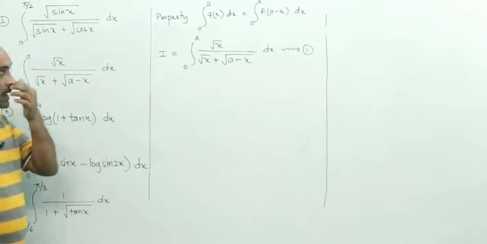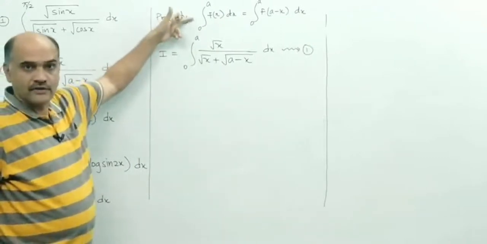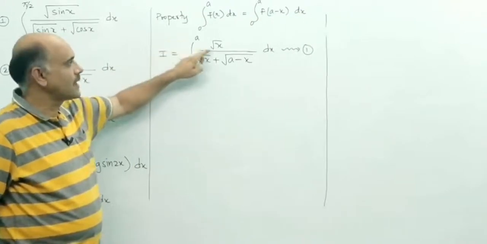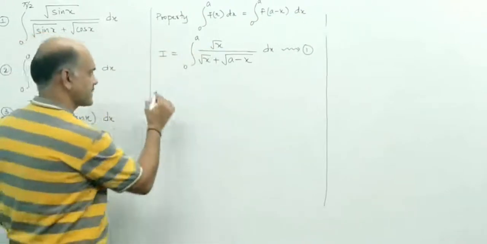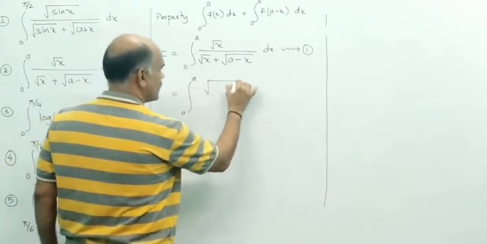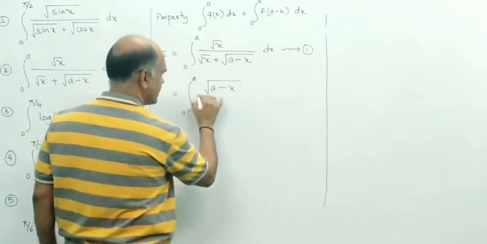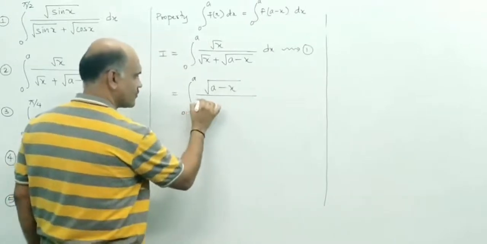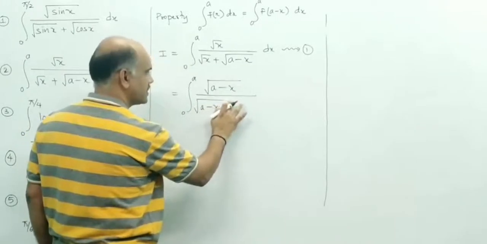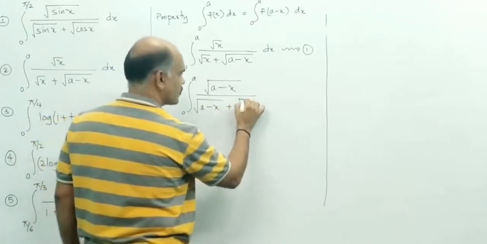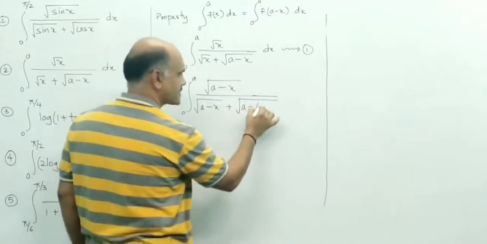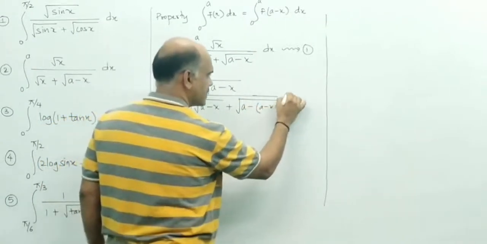Now again by this property what I have written here, in place of x you can write it as a minus x. So this is 0 to a root of a minus x divided by root of a minus x plus root of a minus, in place of x, a minus x dx.